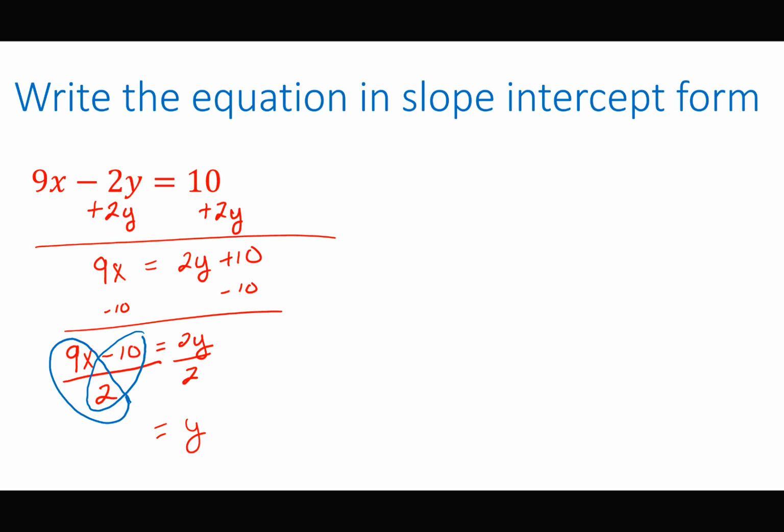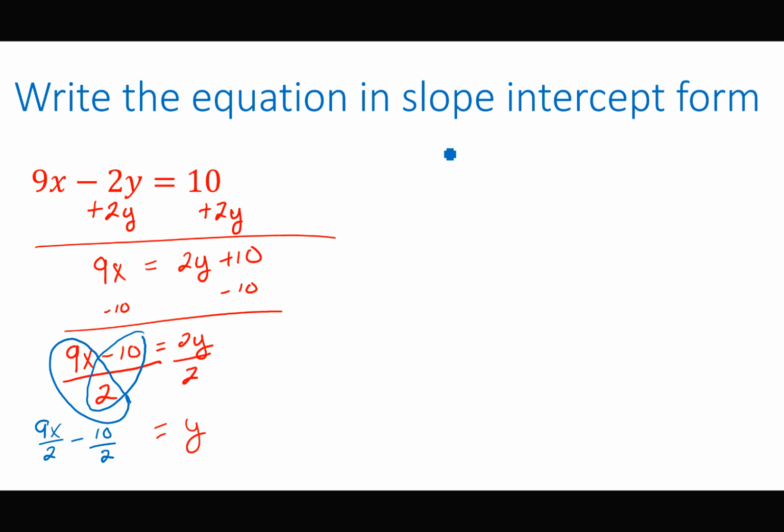So when I write it this way, I'll say this is performing heart surgery, because these blue circles that I just drew make it look like a heart. And so I have to take each one and divide it by 2. So this is 9x divided by 2 minus 10 divided by 2.